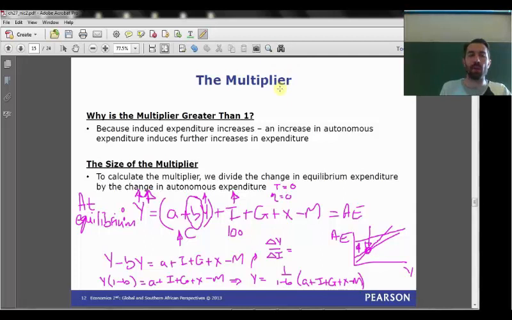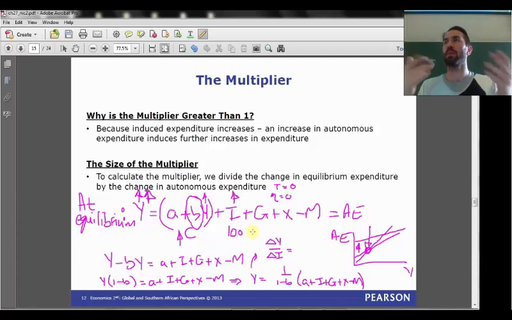We have a multiplier, and the size of the multiplier. To calculate the multiplier, we divide the change in equilibrium expenditure by the change in autonomous expenditure. So we increased expenditure by some amount, 100. We increased output by 600. What is the multiplier? The multiplier is 6.